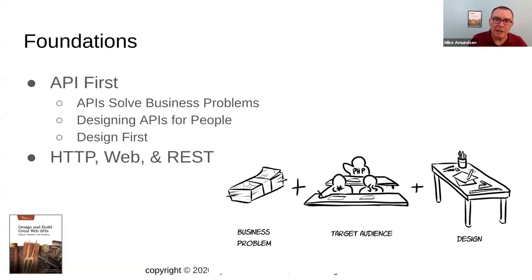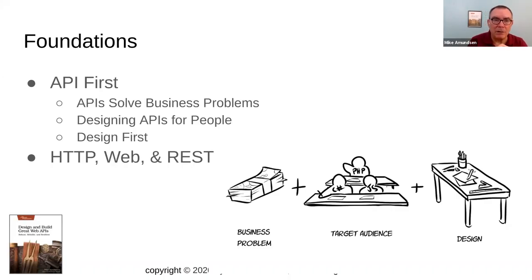And then you're designing for an audience. If I had an audience of JavaScript developers, I would design it differently than if I had an audience of PHP developers, or C# or Java or Go or Rust. And then finally, I want to use this idea of design first or design thinking. What's really going on here? We want to discover people's real problems. There's a great story, and it's a bit frustrating but true.